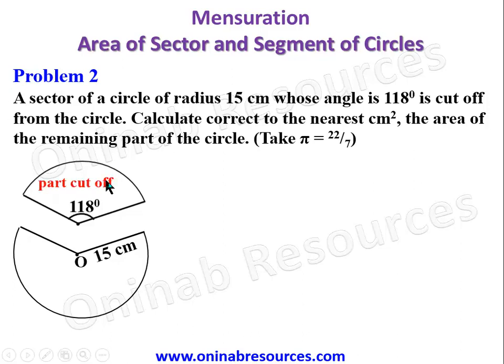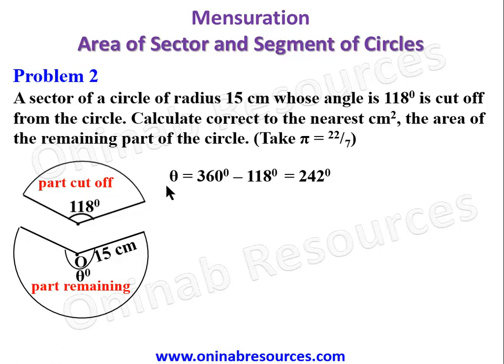This is the sector cut off, and this is the part of the circle remaining, whose area we are going to calculate. So we need to calculate the theta, that is the angle this major sector subtends at the center of the circle. Our theta will be 360 degrees minus 118 degrees, which gives 242 degrees.